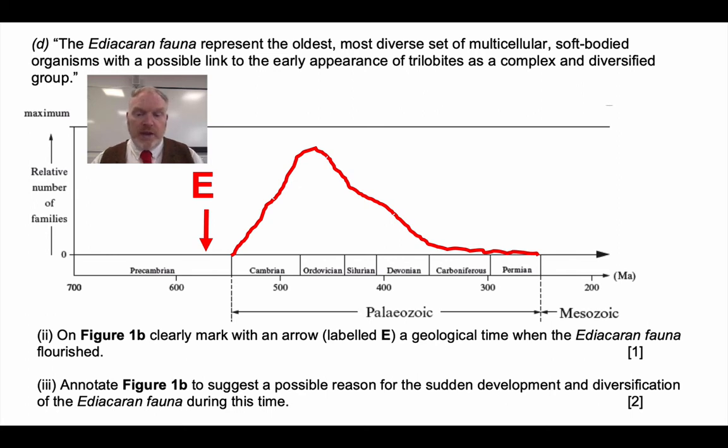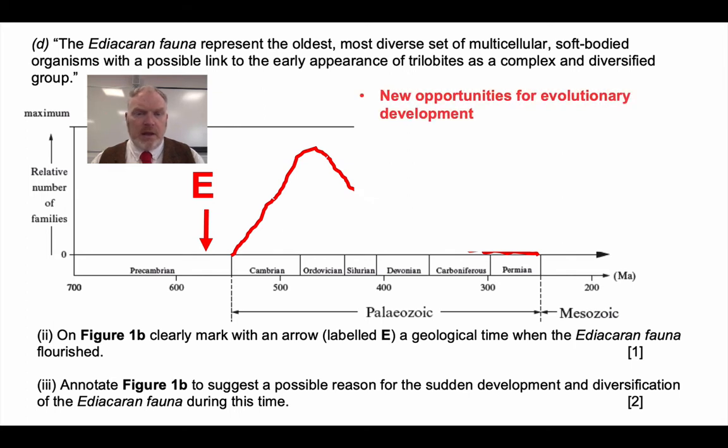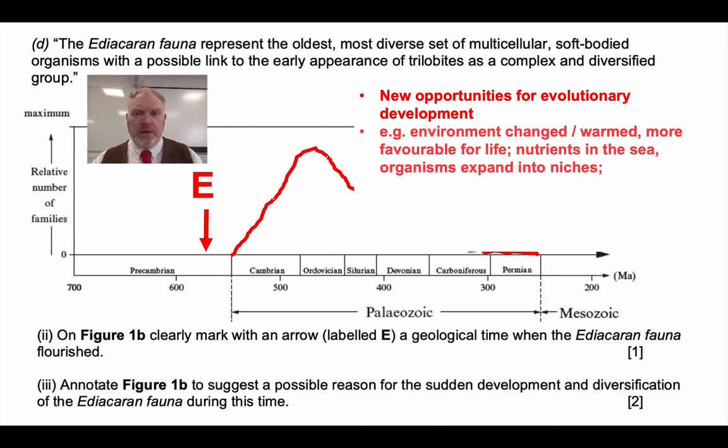And then why was there this sudden development and diversification at this time? Could be new niches opening up, new environmental changes leading to new opportunities for this evolutionary development. So the environment changing, perhaps climate warmed to make it more favourable for life, different nutrients in the sea.